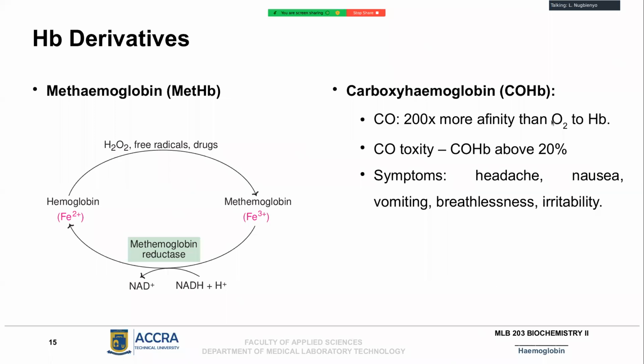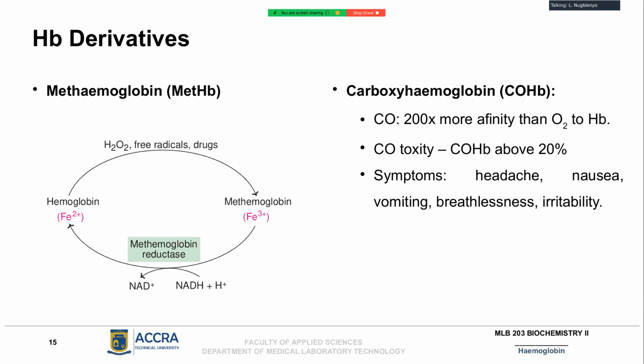And that is going to cause the hemoglobin derivative carboxyhemoglobin. And this, of course, will cause things like headache, nausea, vomiting, breathlessness, irritation. And this is understandable because if hemoglobin binds to carbon monoxide so much more tightly than to oxygen, it means that a lesser amount of oxygen is being carried to the cells, and especially to the brain cells.